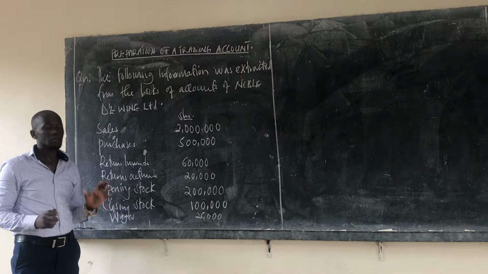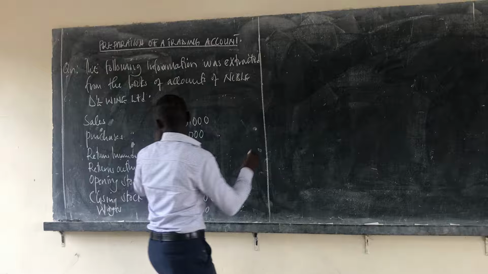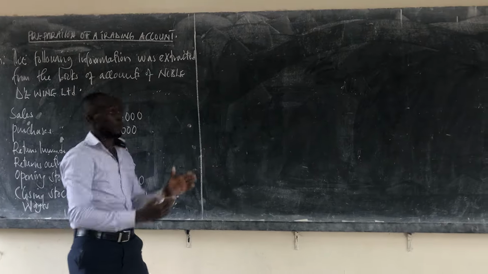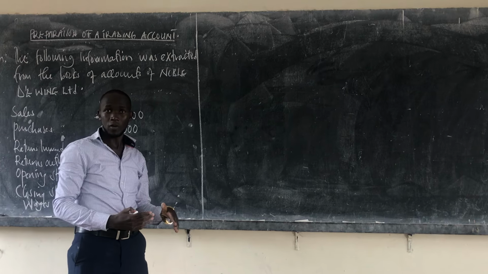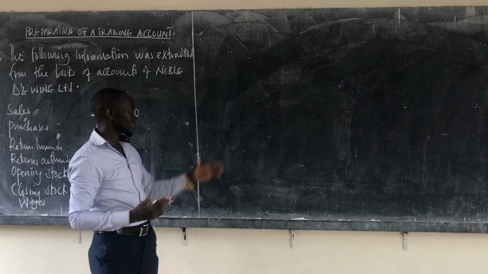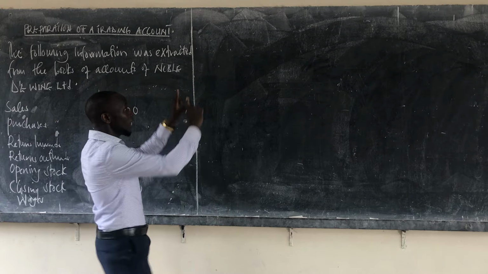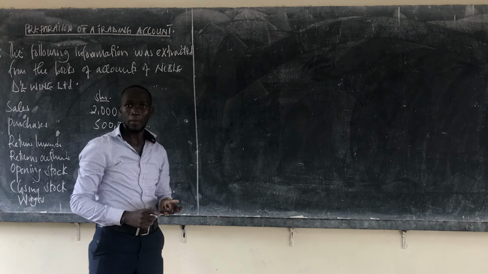When you look at it, now this space may not be so adequate for writing both the heading and the account itself. Let's first see how the heading will look. Then, after the heading, we have the account made up.